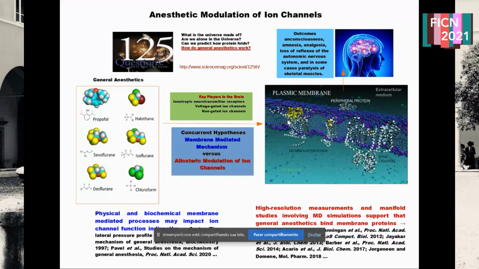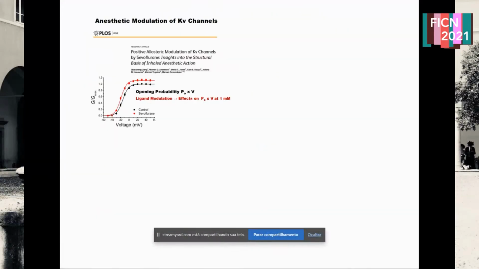Intrinsic in that possibility is the assumption that the ligand is expected to bind, and more importantly, to bind in a conformation-dependent way. And this is precisely the kind of hypothesis we would like to investigate here in the context of the voltage-gated potassium channel Kv1.2 and the general anesthetic sevoflurane.